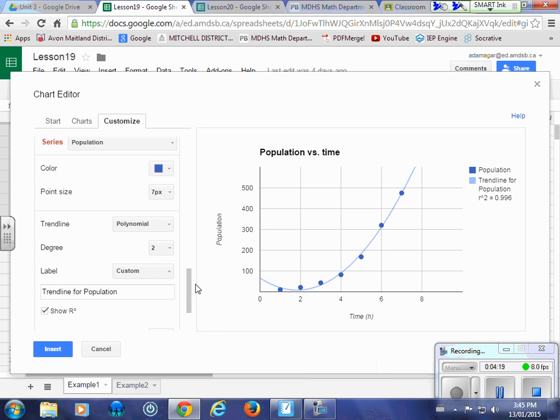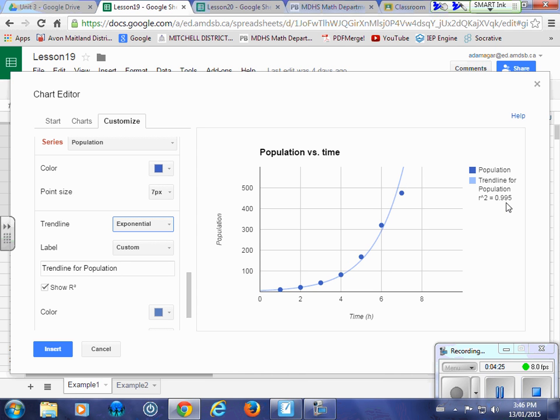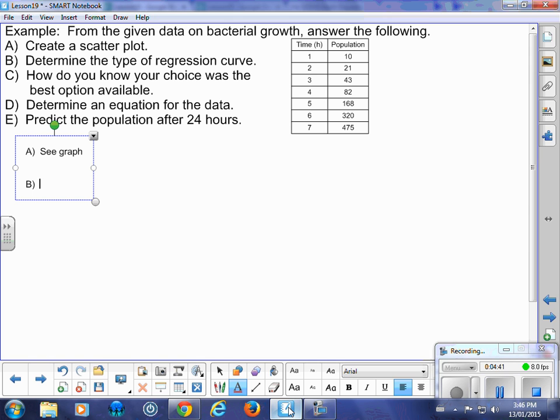I go to a parabola, a quadratic, and same problem. So really, although the exponential has a lower r squared value, it models the situation best, because it continually increases and it decreases down to 0, 0. All right, so those are some of the factors I will be expecting you to be aware of.